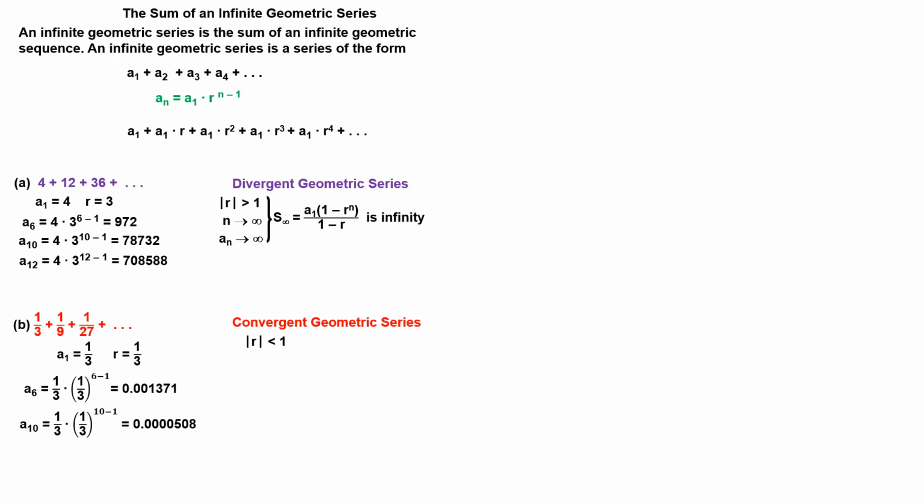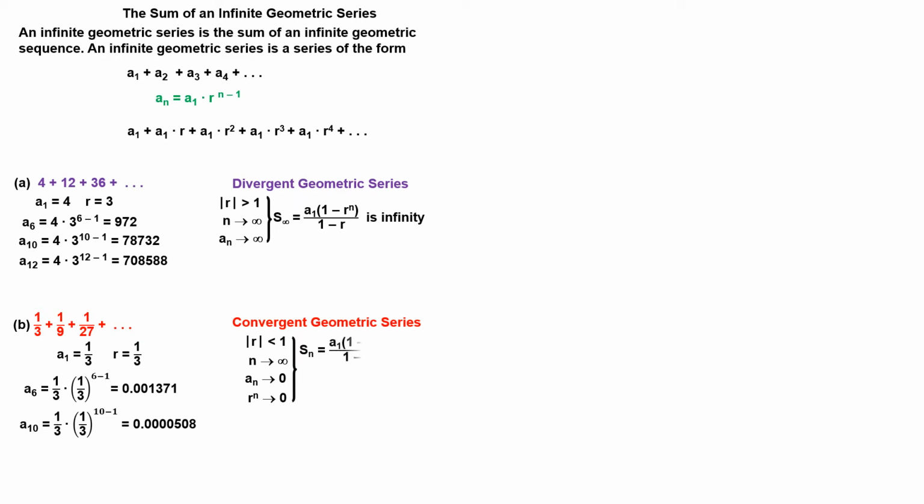Mathematically, we can write in symbols: when the common ratio is between -1 and 1, and the term number gets very large, the value of the nth term and the common ratio raised to the power of n approach 0.